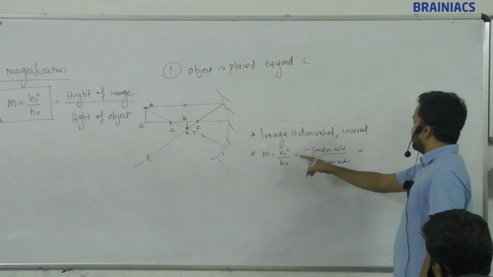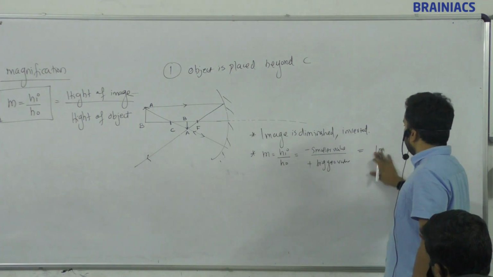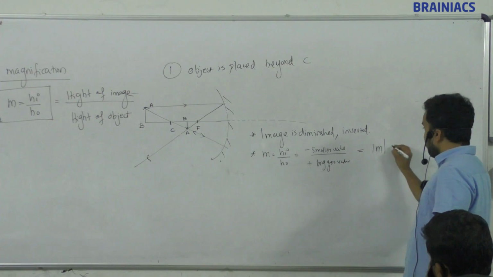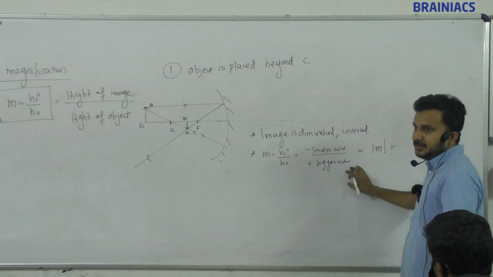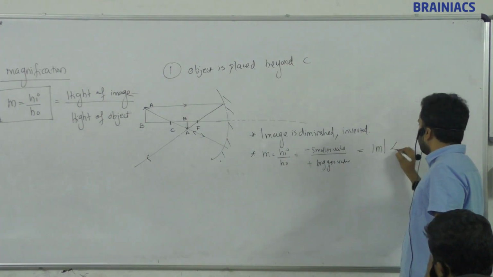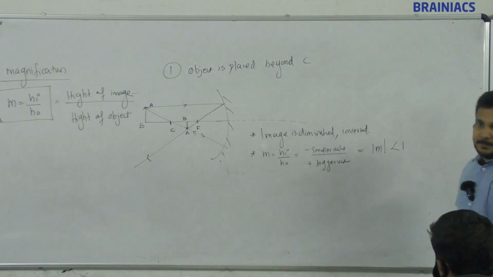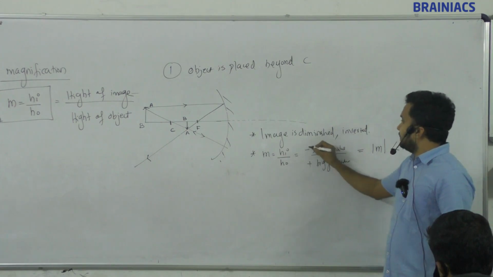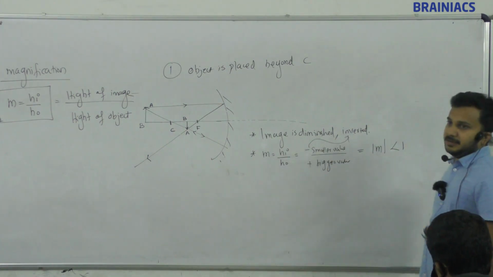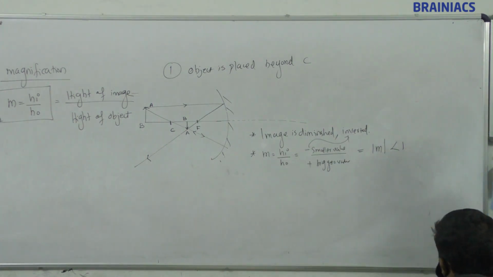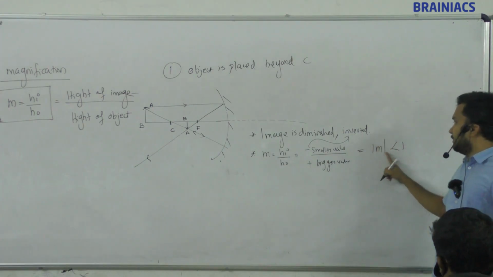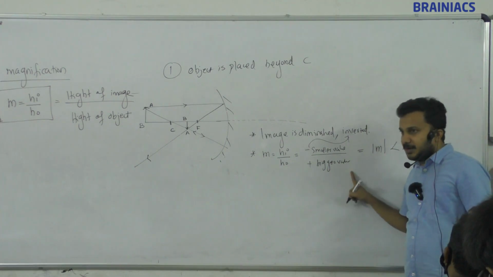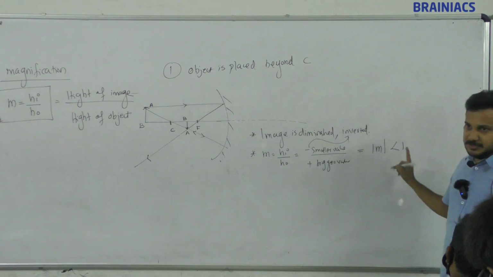This is called magnification M. If you take the modulus of M, smaller value by bigger value, its value is less than 1. What does the negative sign indicate? The negative sign indicates it's an inverted image, but the modulus value is less than 1, which means the height of image is smaller than the height of object.